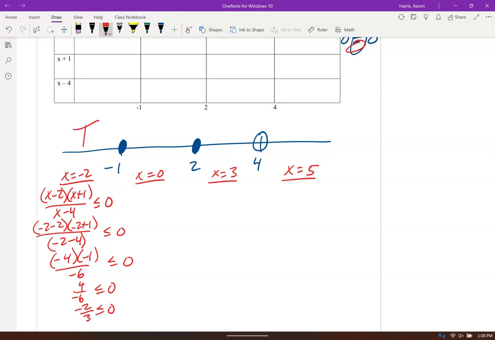True. Now let's throw 0 in. 0 minus 2, 0 plus 1. So half less than or equal to 0, that's a false. Now let's try 3.